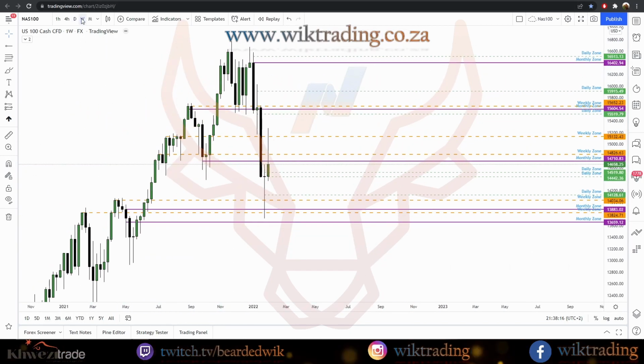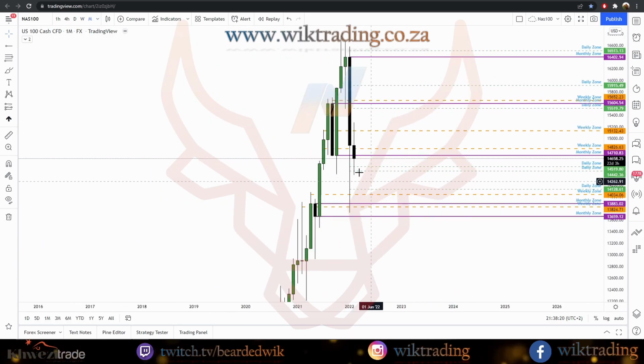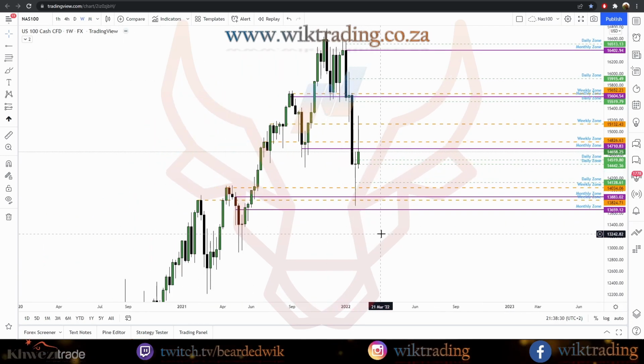Great stuff. Okay, so let's have a look on the weekly time frame. The monthly doesn't have really something to show at this stage, except that we've mostly been moving bearish, and that the past week has closed below the monthly zone.